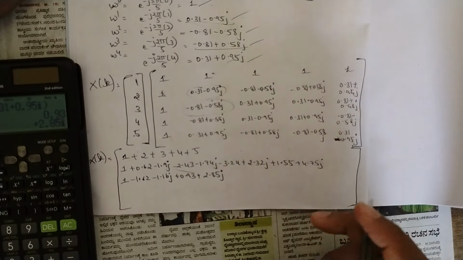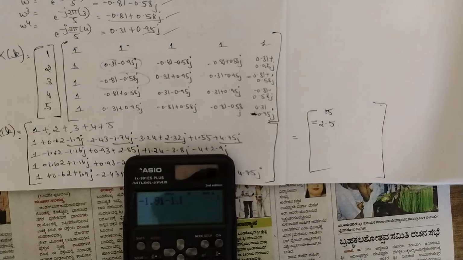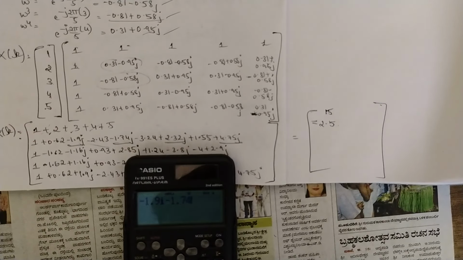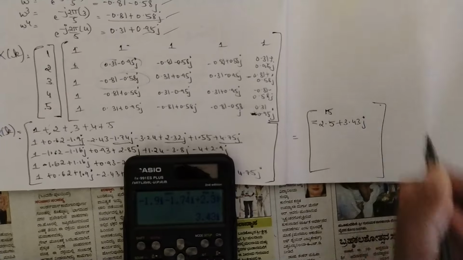Then add all the imaginary terms, minus 1.9j, minus 1.74j, plus 2.32j, plus 4.75j, that is equal to plus 3.43j, right?